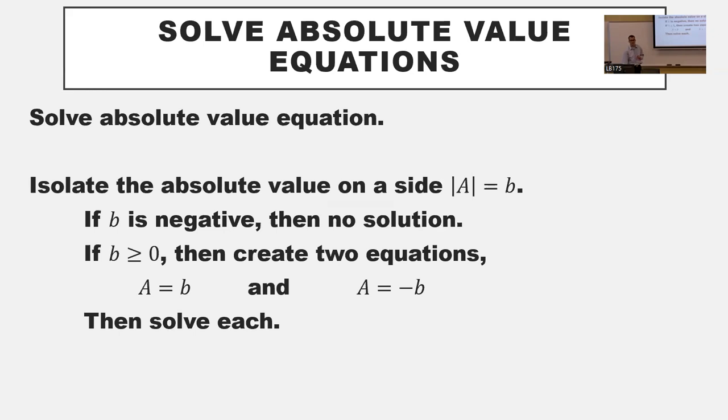Okay, understand that? So I'm going to say, here are two equations. A could have been equal to that B, or the inside could have been equal to the negative of B. And then I solve each.